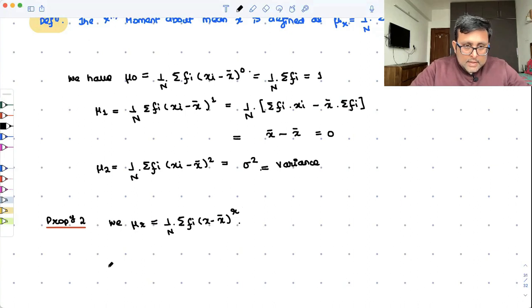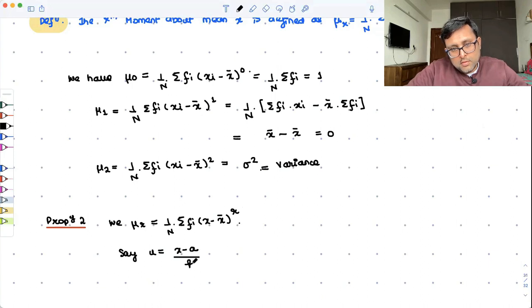And say I define u as the new variable, x minus a upon h. So when I add or subtract anything, it is like the change of origin, right? And when I am dividing or multiplying, this is the change of scale, right? Okay.